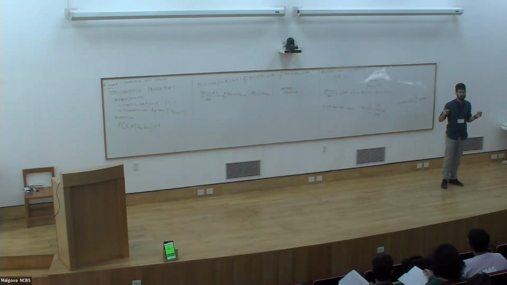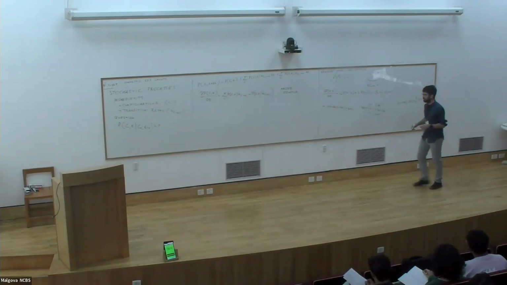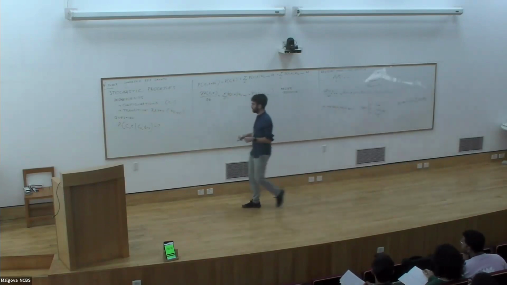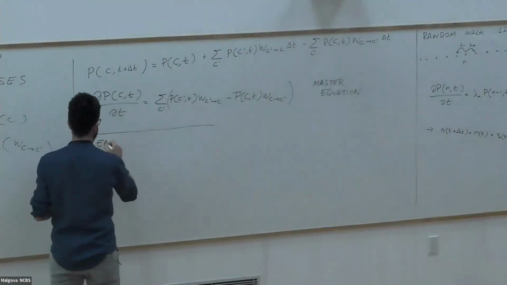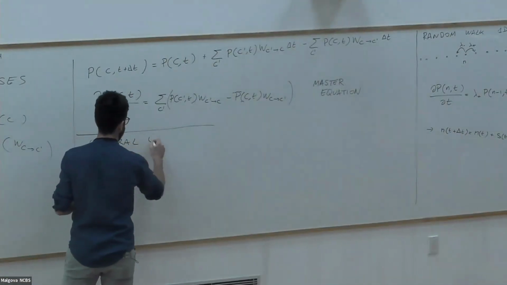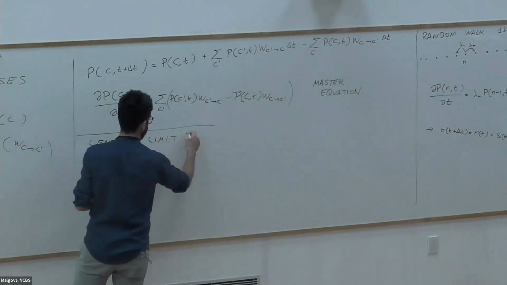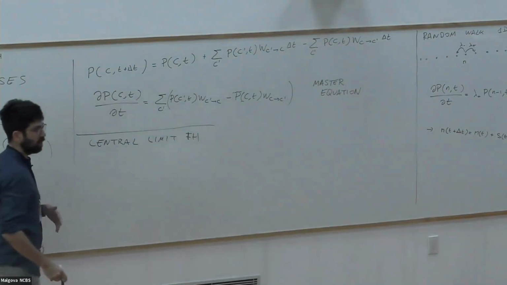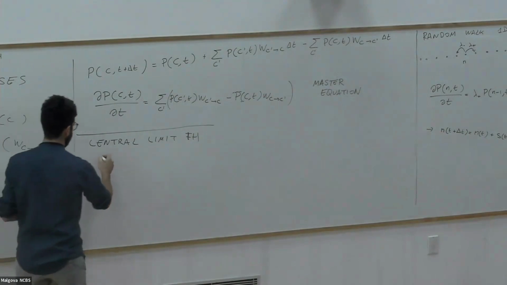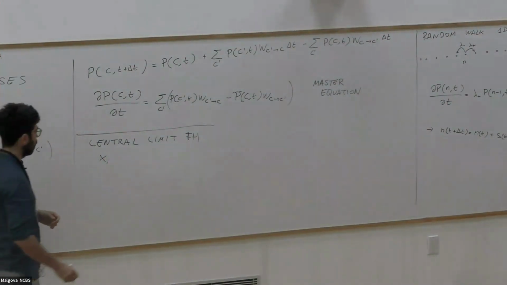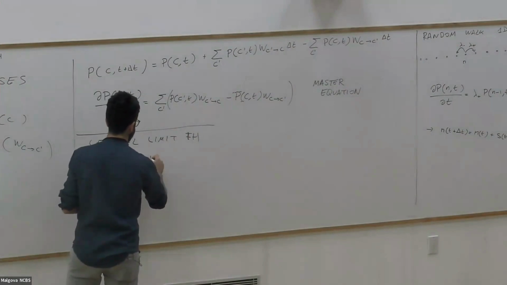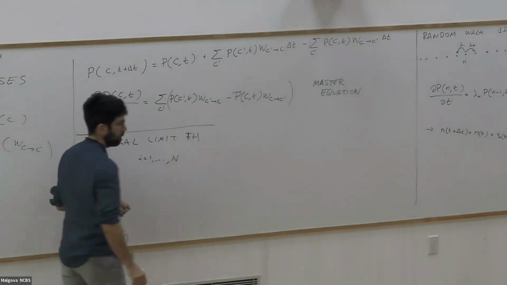Who is not familiar with the central limit theorem? Okay, so the central limit theorem, let's go here. Suppose that you have some random variables, let's say x_i, with i from 1 to n.